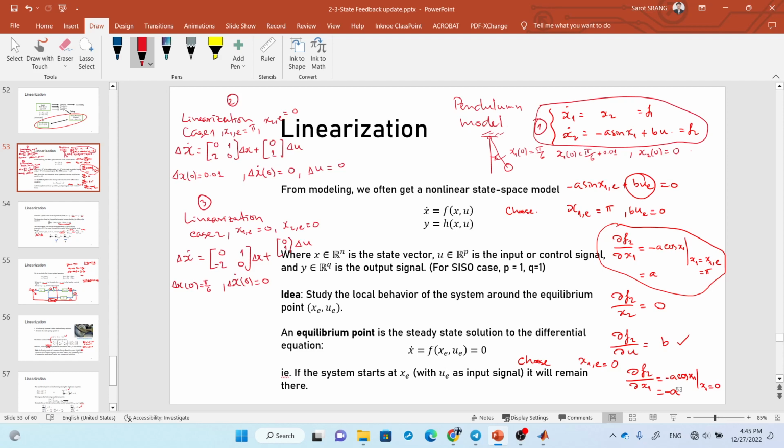When you compute delta H here, don't forget you need delta H plus H equilibrium to get H. Then this H can be compared with this system.